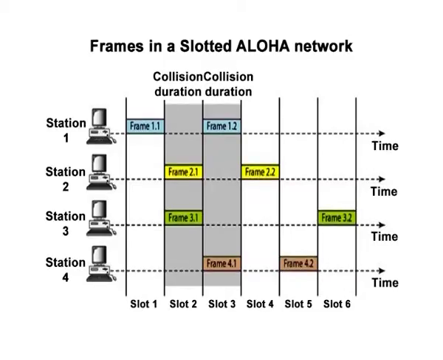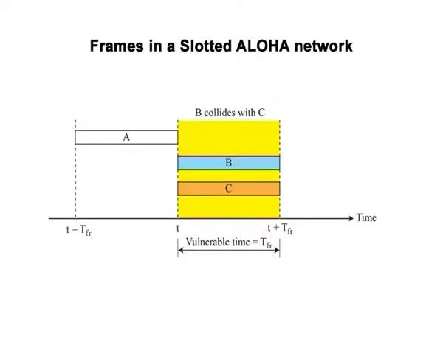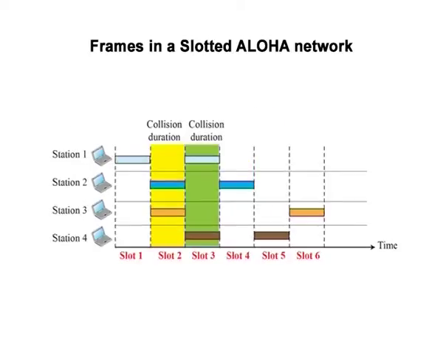The benefit of this scheme is that the wasted time due to collisions can be reduced to one packet time, or we can say that the vulnerable period is reduced to half. Transmission attempts for 4 network users and random retransmission delays for colliding packets in slotted Aloha are shown in this figure.